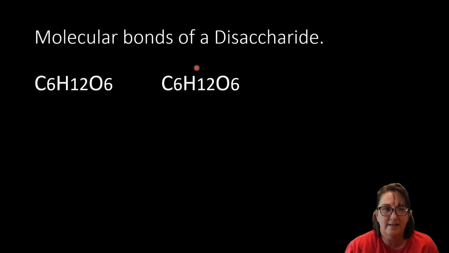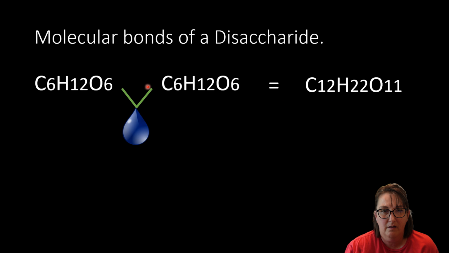Molecular bonds of a disaccharide can change your total outcome. So if I take these two individual monosaccharides, I know it's a carb because they're a 1-to-1 ratio, and I put them together and make them into a molecule, I'm not going to have C12H24O12.